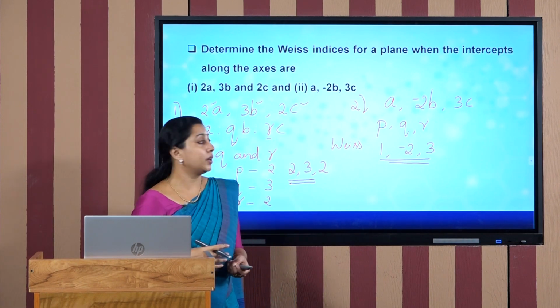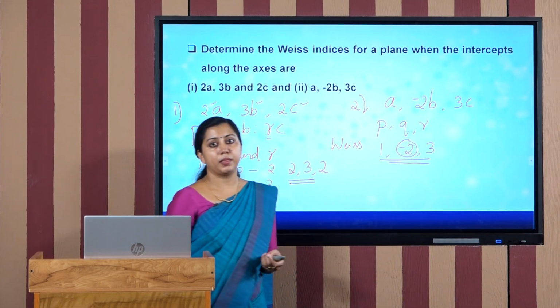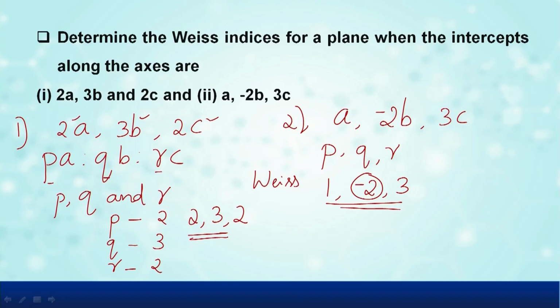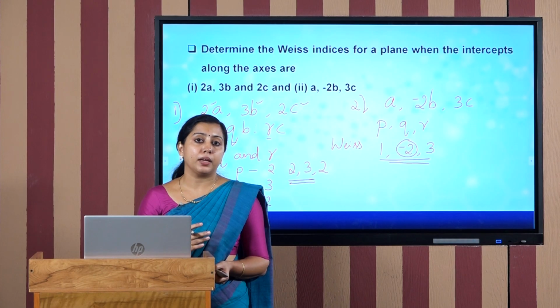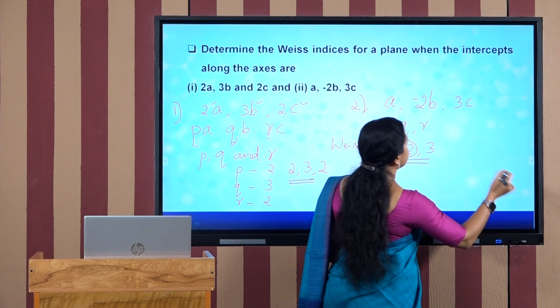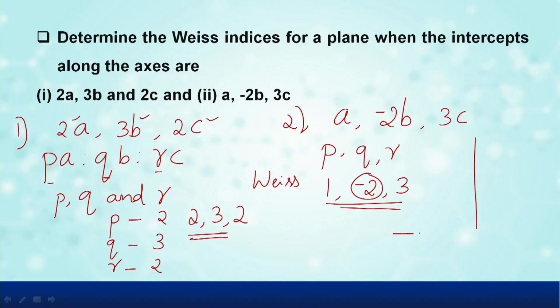Now, you might be thinking why there is a minus sign over here. We know that the Weiss indices are coefficients of the unit intercepts, and these intercepts can be at negative values also. For example, if we consider a graph, let me mark the points.